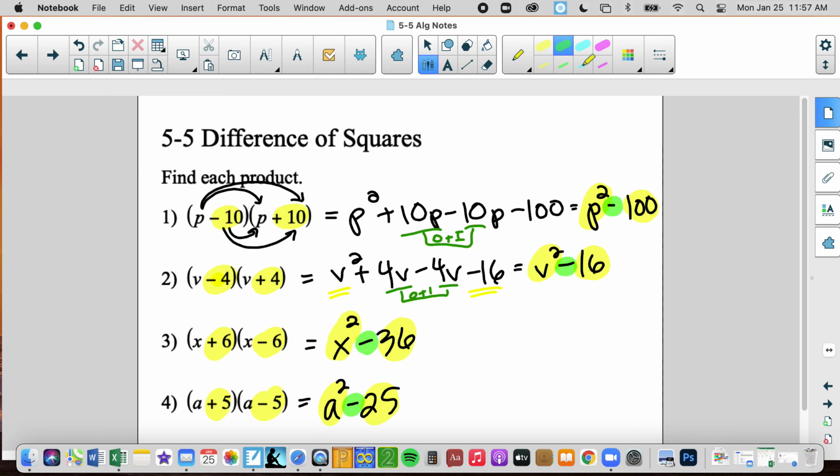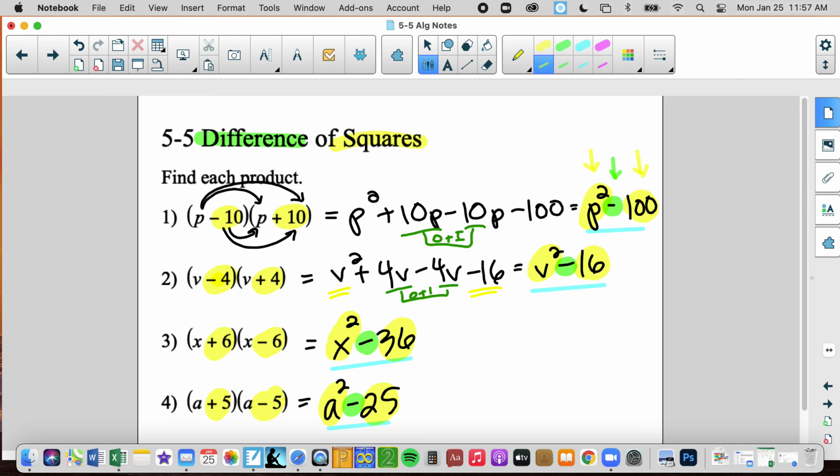And the third thing we should notice is that there are two terms in each. And if we look at the title of this section, the difference, which means subtraction, it's the difference of squares. We have two squares, so we are subtracting two squares. That's the difference of squares: you're subtracting two perfect squares.